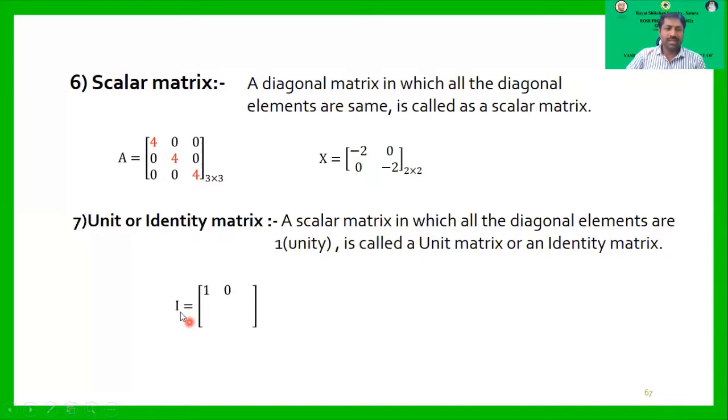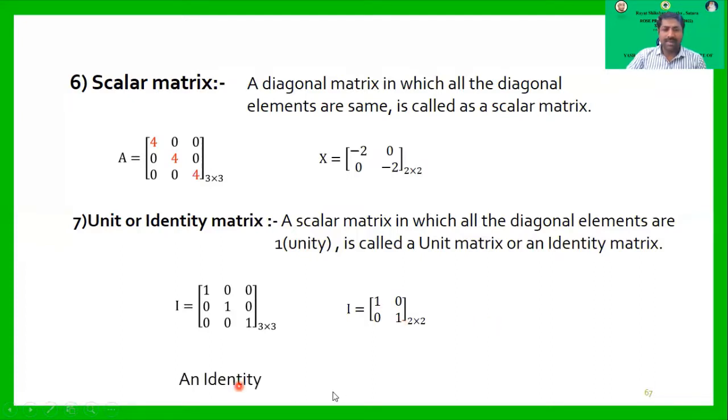Now this I is the identity matrix. This is of order 3 by 3 and this is a scalar matrix. All the diagonal elements are same, but for the matrix to be a unit matrix, all the diagonal elements must be equal to 1 or unity. So this is the identity matrix of order 3. So this is the identity matrix of order 2. All its diagonal elements are same, that is 1.